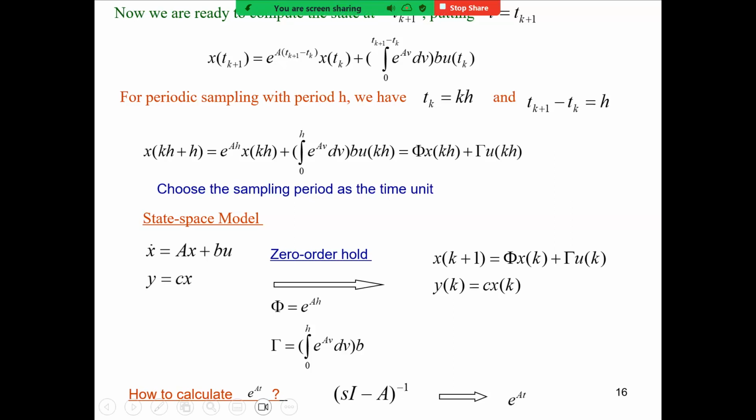If you have a matrix A, you can compute the inverse of sI minus A. Then for each term, which is in the s domain, you take the inverse Laplace transform to get the time domain, and you will get e to the A t, which is a matrix. Any questions?